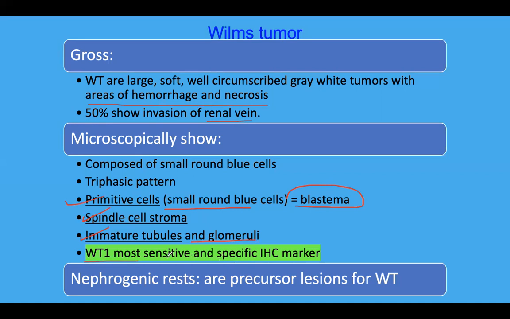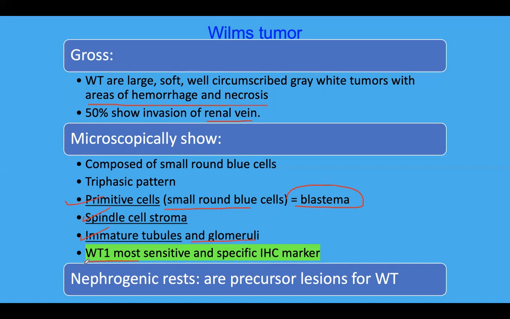But overall, this is the most specific one, which is always done. Apart from that, various other IHC markers may be employed like cytokeratin, PAX8, and many others corresponding to the spindle cell and epithelial components as well. But WT1 is the one used for differentiating from other abdominal masses.